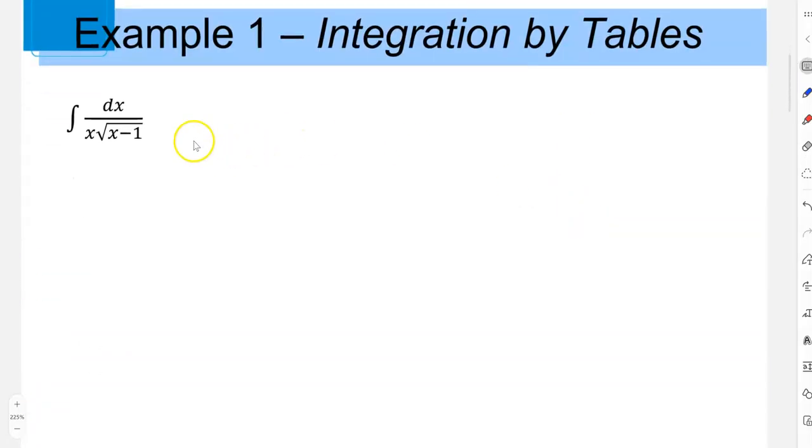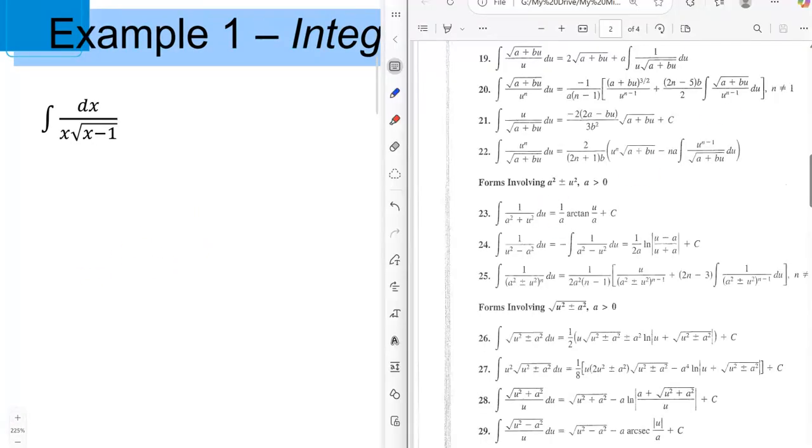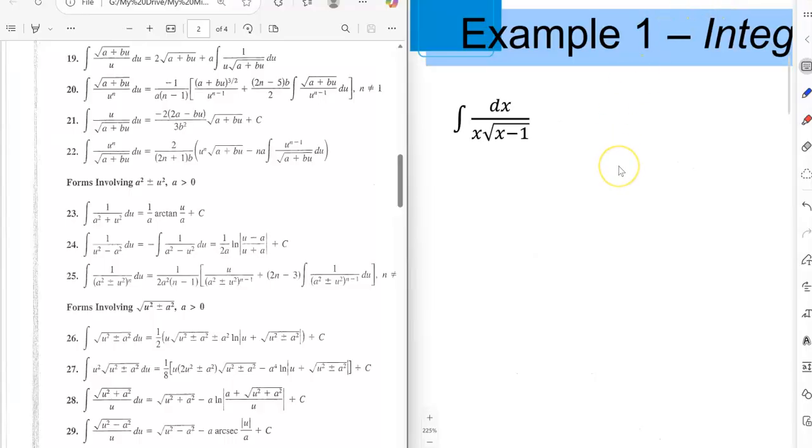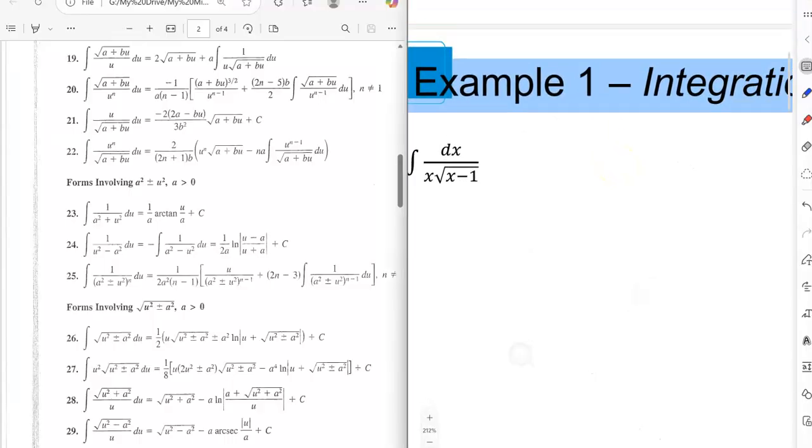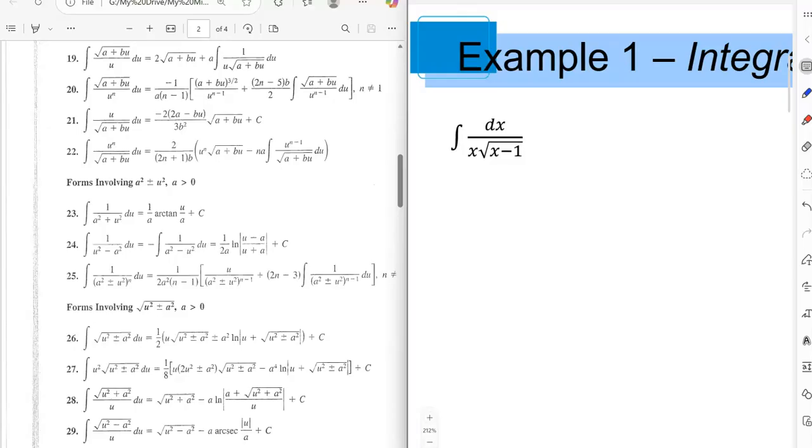Let's look at this first one. We have dx over x square root x minus 1, and we want to integrate using the tables. So I'm going to reorder everything here so that we can see both the tables and the problem we're looking at. So we're trying to find a formula that matches this setup.